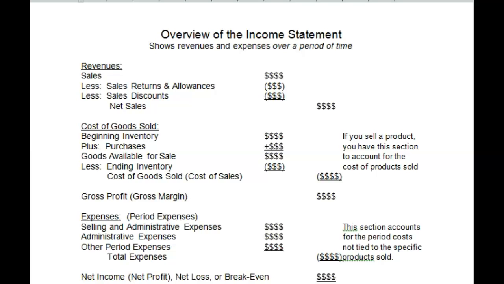The key is the period of time, and what period of time are we talking about? It could be day, week, month, quarter, year to date, for whole year. And sometimes that's significant because think about retail where they possibly make most of their money and net income in the holiday season.